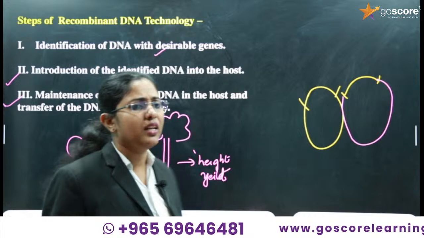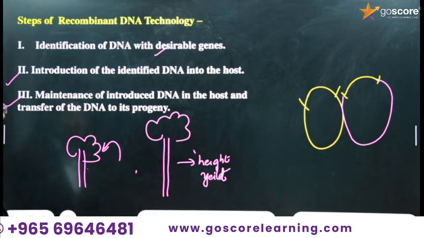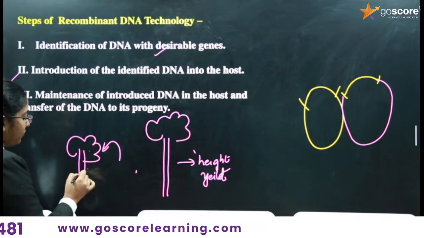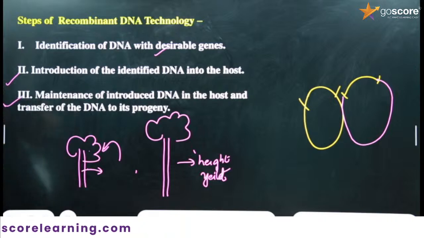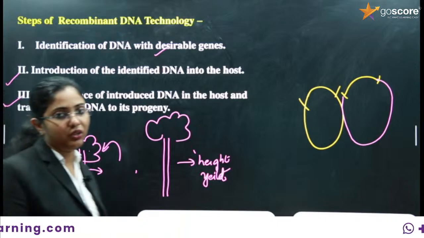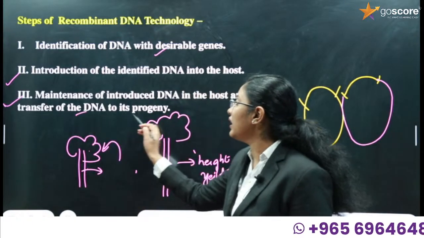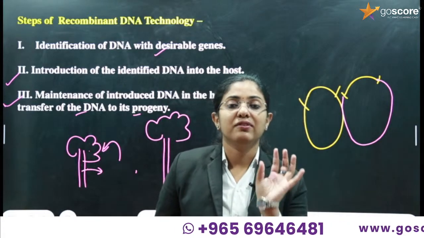The short plant's DNA has to maintain the introduced gene. And also, my dear students, since we are integrating this gene into this plant, it should be able to transfer the gene onward. That is the third point, transfer of DNA into its progeny. So this is the basic first step.